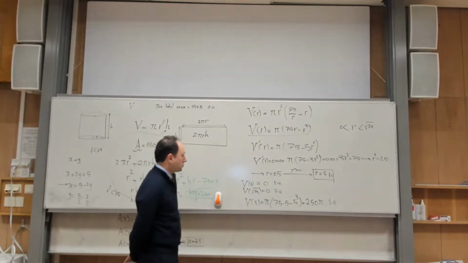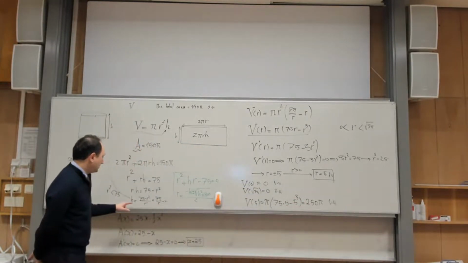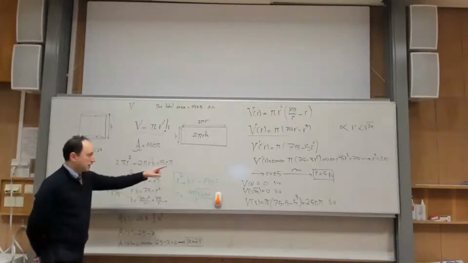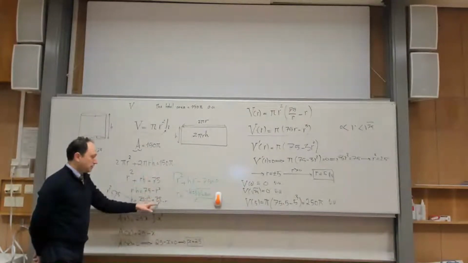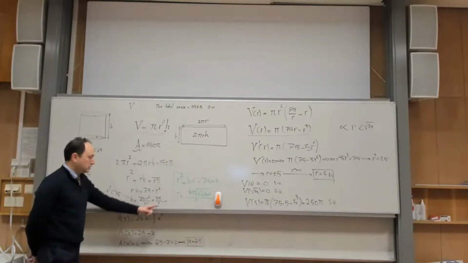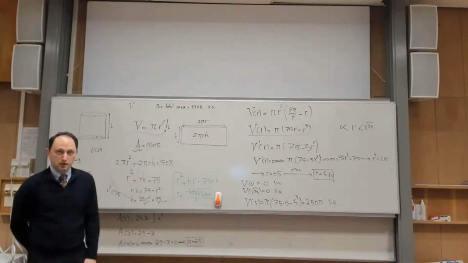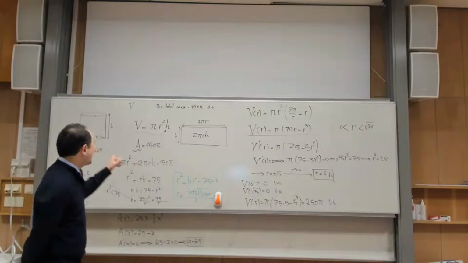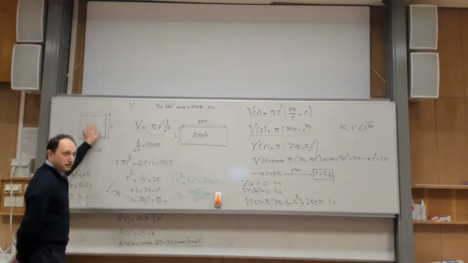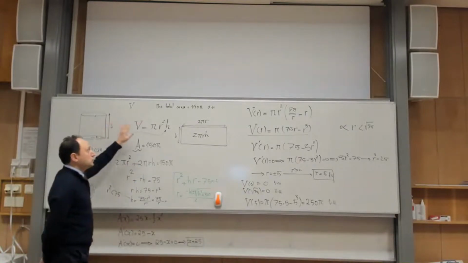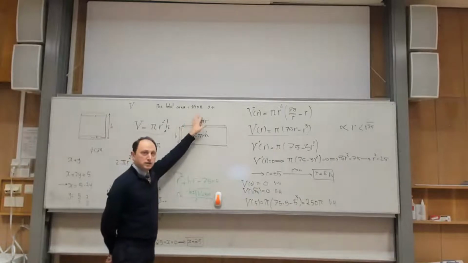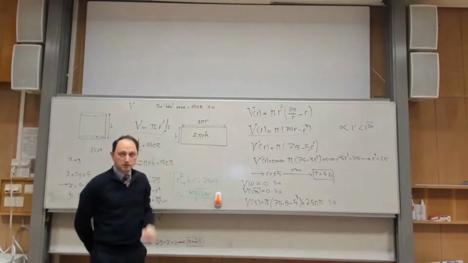And then you need to find H by putting 5 here. 75 divided by 5 is 15, minus 5 is 10. So the height should be 10, the radius should be 5, if you want to maximize this cylinder but keep the area at this number. Is that clear?